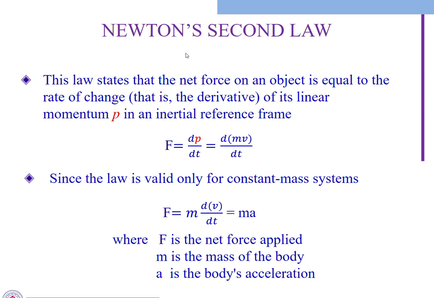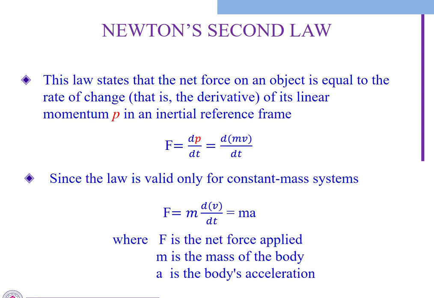To formulate the equation of dynamics, we use Newton's second law, which states that the net force on an object is equal to the rate of change of its linear momentum, indicated by small p, in an inertial reference frame.